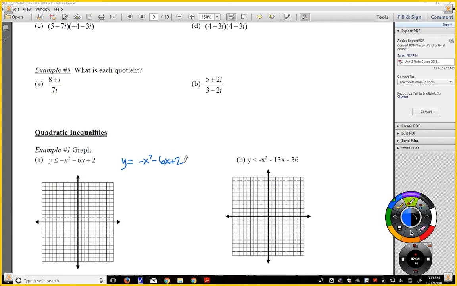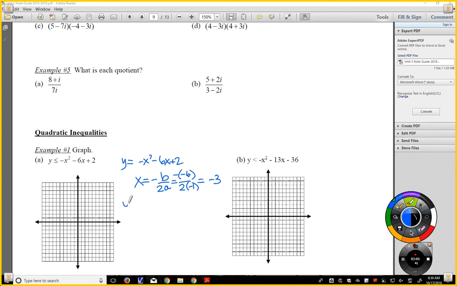So in standard form, we want to start by finding the axis of symmetry, to help us find the vertex point, and that's at negative b over 2a, which in this case ends up being calculated like this and gives us negative 3. Okay. So the axis of symmetry is at x equals negative 3, and that's the x coordinate of our vertex.